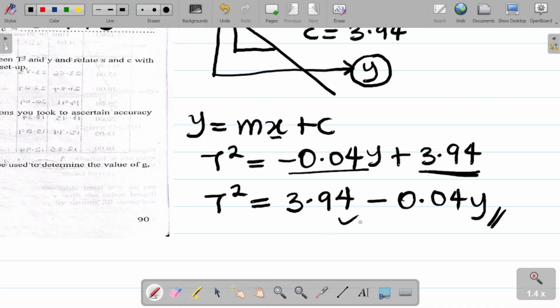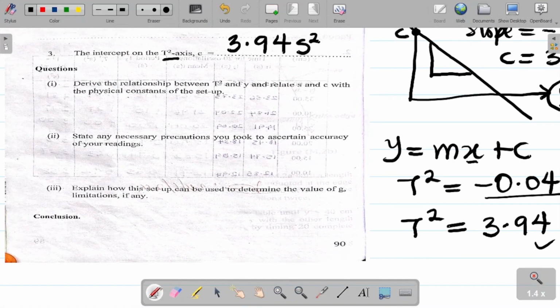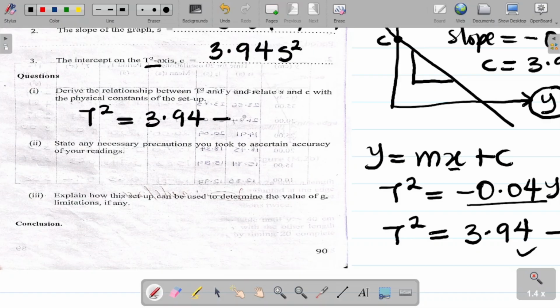So hence, I can say that the relationship is t squared equals 3.94 minus 0.04y. If you want to use the negative first, that's still fine.